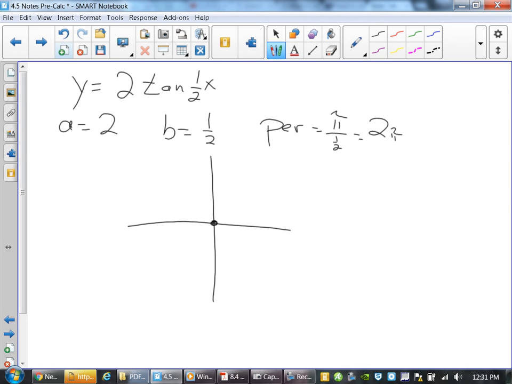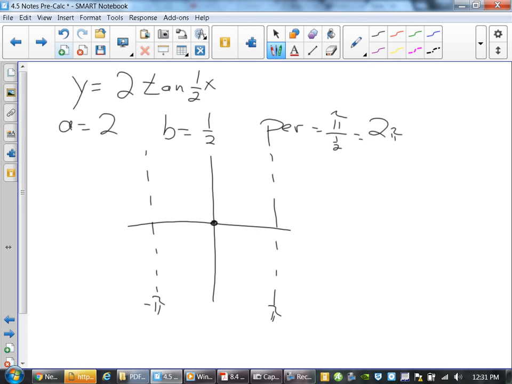So we know the period's going to be 2 pi. That means half of it will be to the right of where we go through the origin, and the other half will be on the other side. That's where we get our asymptotes at pi and negative pi. The period between the two asymptotes is where it comes from.